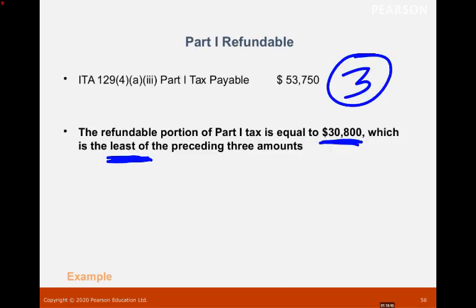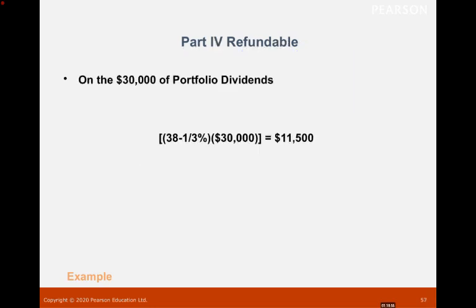So that's everything we needed to worry about for our Part 1. We calculated our Part 1 tax. We calculated our Part 1 refundable by doing the 3 calculations and picking the least. And then we got to deal with our Part 4 refundable, on the portfolio dividends, which was 30,000.